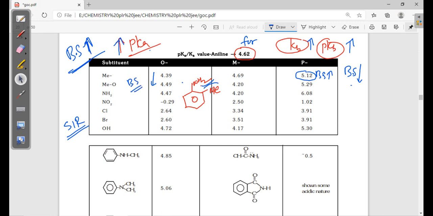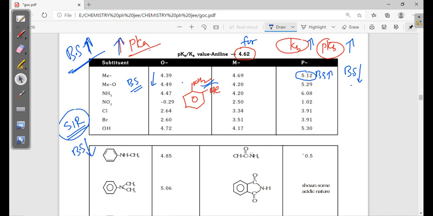Why is it less? This is the SIR effect. In the case of benzoic acid, due to the ortho effect, acidic strength increases. But in the case of basic strength of aniline, due to the SIR effect, basic strength is decreasing.